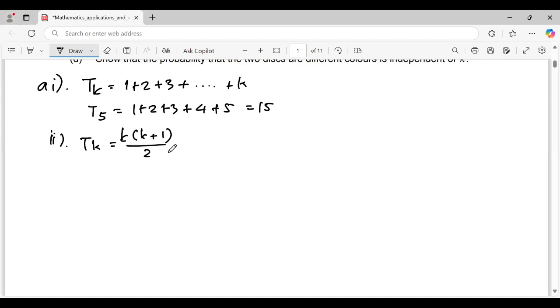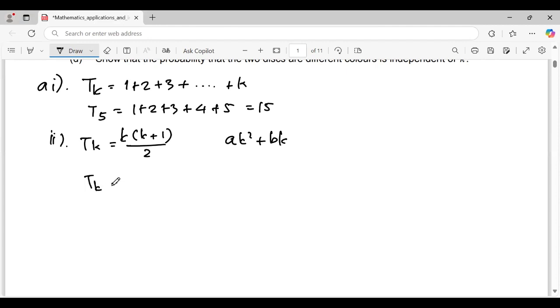Now to express this in the form of a k squared plus b k, I'm going to separate it like this.